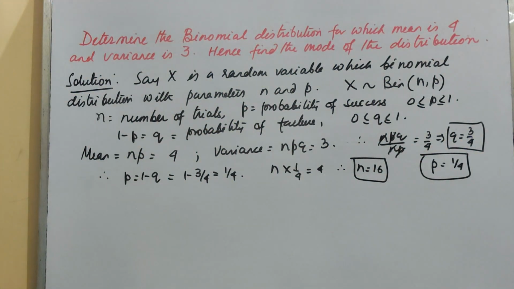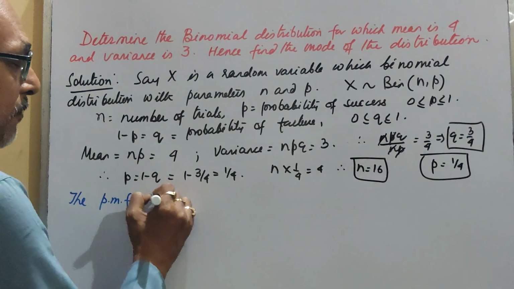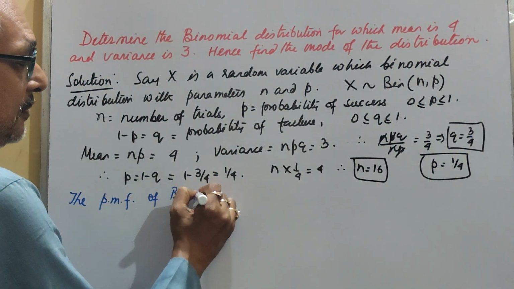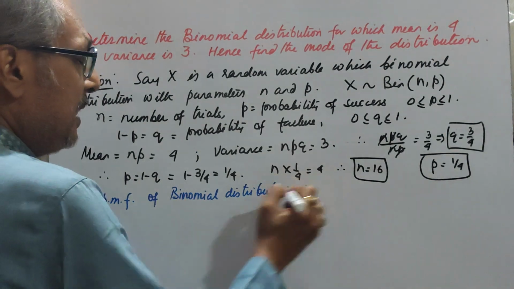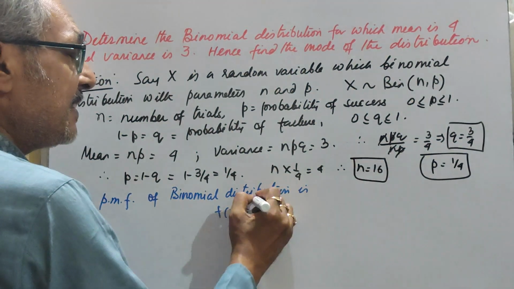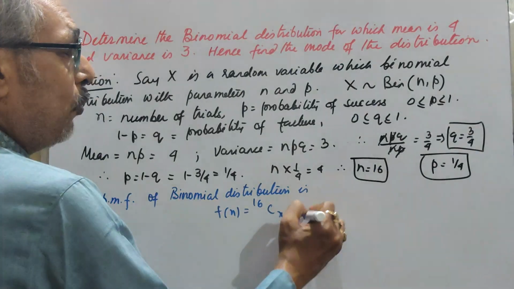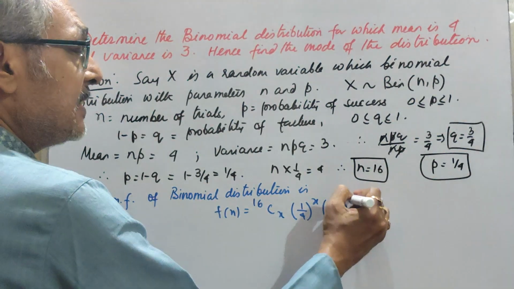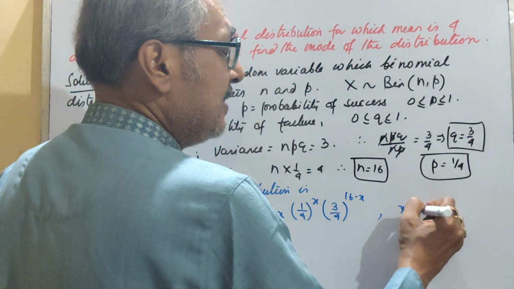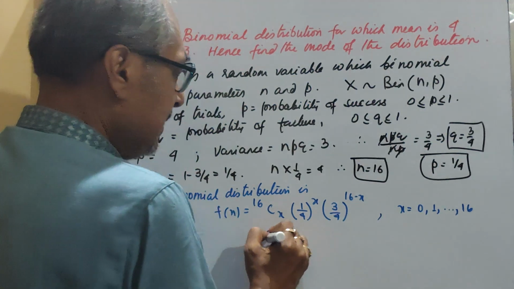Therefore, the probability mass function of the binomial distribution is f of x equals 16 Cx, 1 by 4 to the power x, into 3 by 4 to the power 16 minus x, where x runs from 0, 1 to 16, and 0 elsewhere.